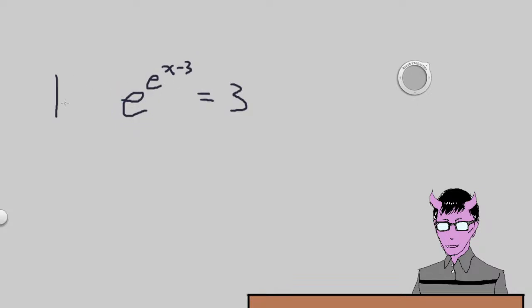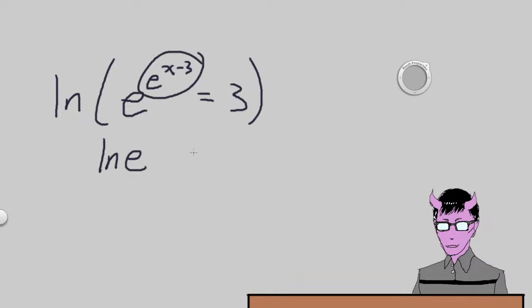So therefore, we're just going to apply the natural log to both sides. Again, I just like natural log a lot because number 1, it matches this one, and number 2, it only has 2 letters. So applying it to this one, we're going to show full work. We're going to get natural log of e to the power of that chunk. And applying the natural log to the right hand side as well.